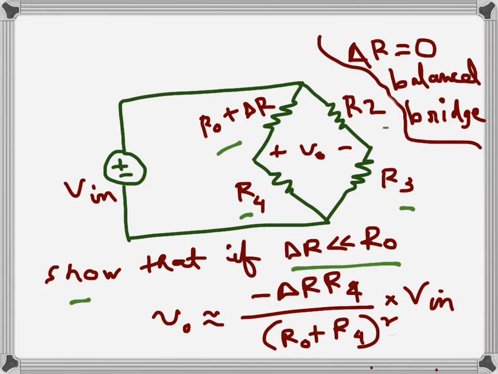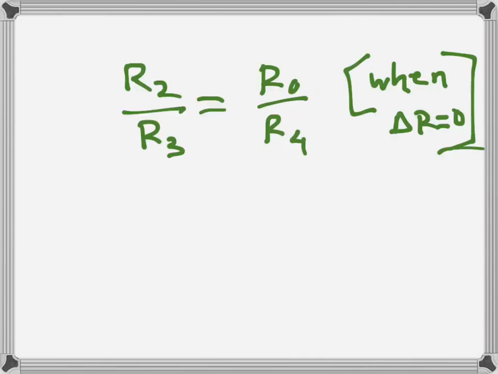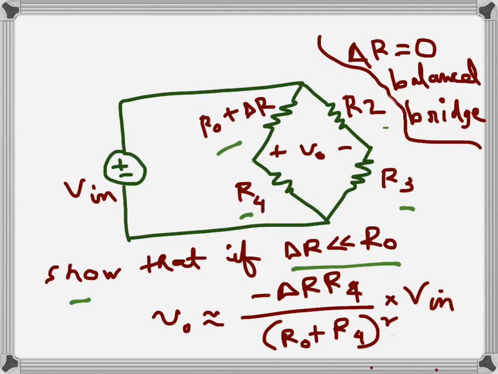So we will just try to find V0, write the expression of V0 first. That's how we should do. So V0 is the voltage drop across R4 minus the voltage drop across R3. That will be V0, because whatever the potential here, we can know by applying the voltage divider rule.